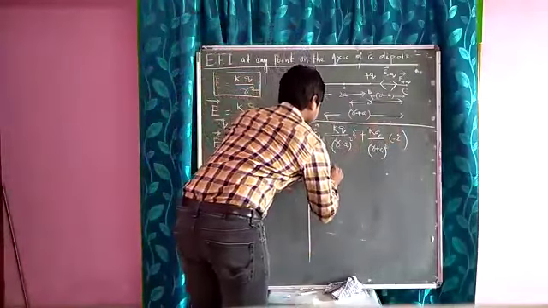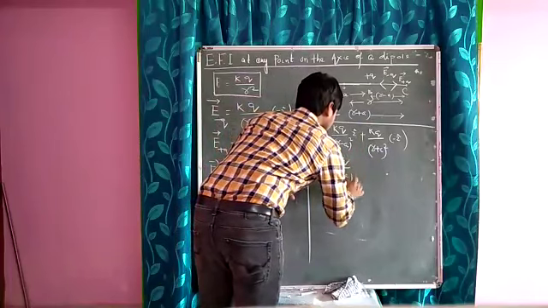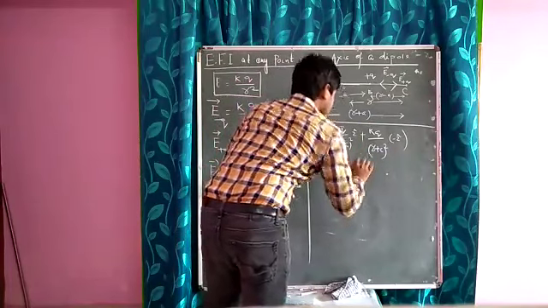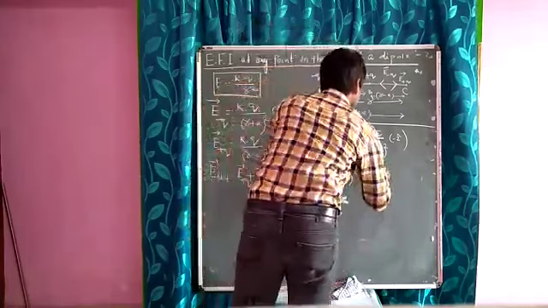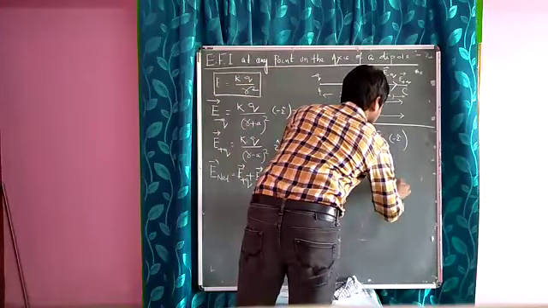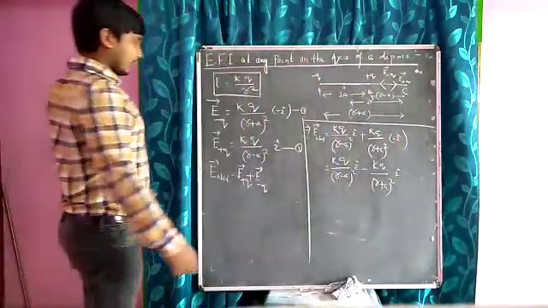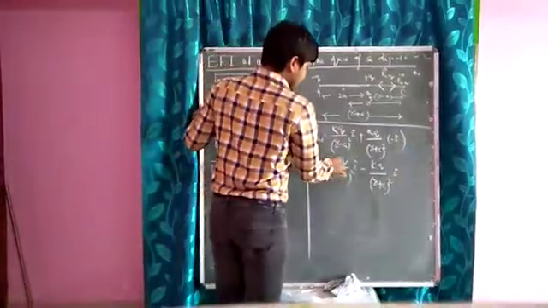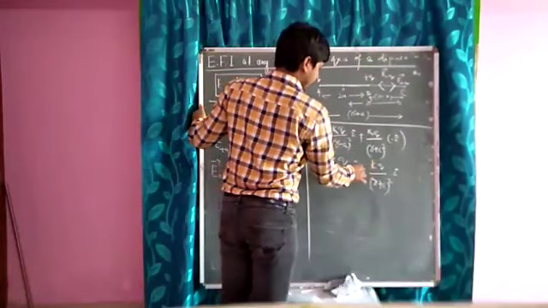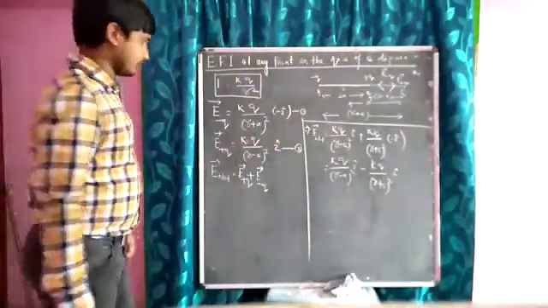So in the next step this can be written like KQ by R minus A whole square I cap minus KQ by R plus A whole square I cap. Is it clear? And you can see that here KQ, I cap are present. So I can take them as common.